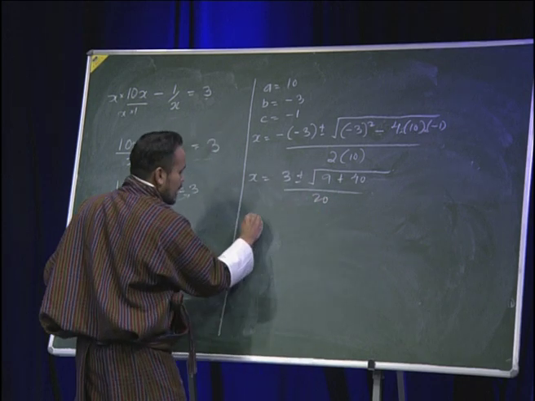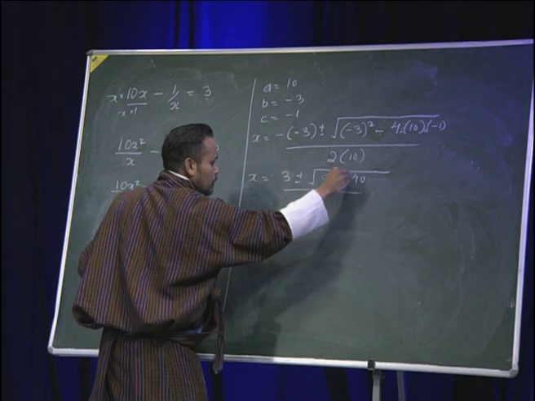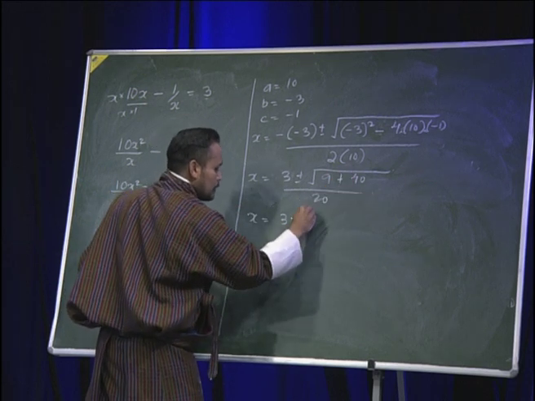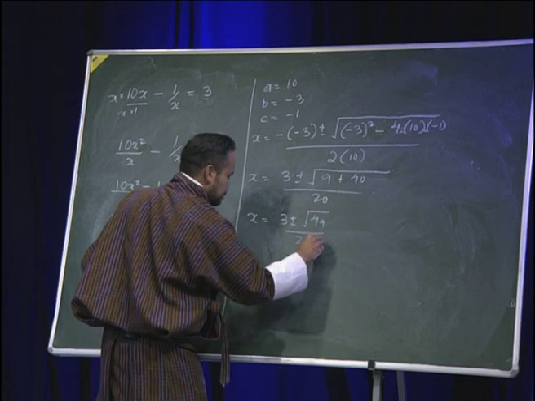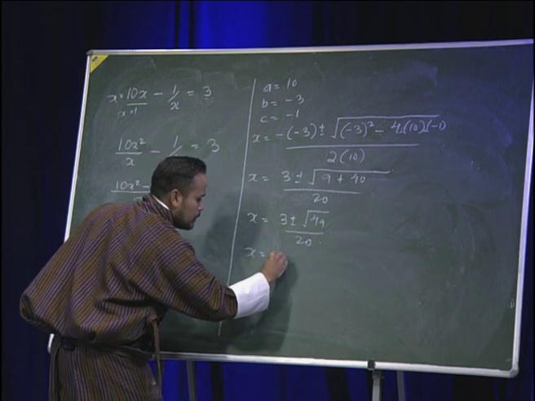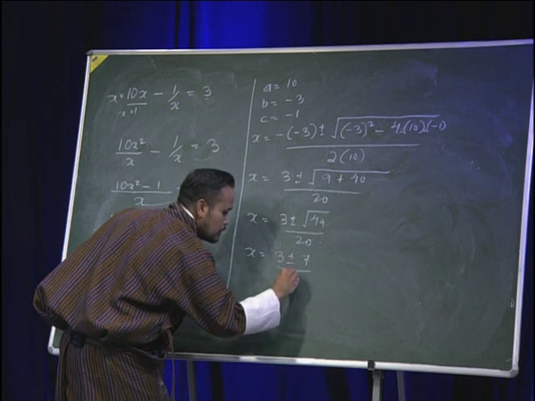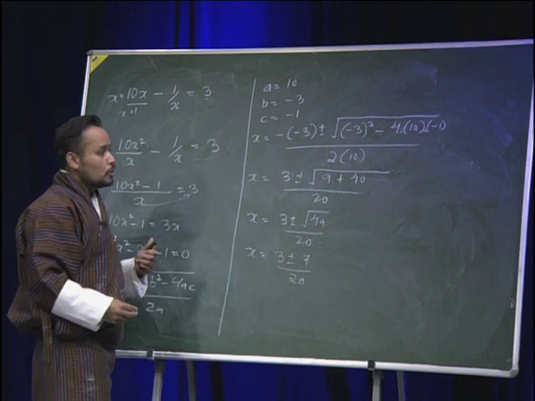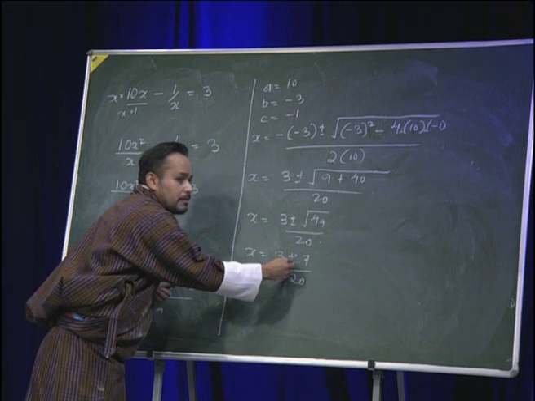So, x will be equal to 3 plus or minus root of 40 plus 9, which is root of 49, whole divided by 20. So, x will be equal to 3 plus or minus root of 49, which is 7, whole divided by 20. Now you can get two roots, the first root using the plus sign, the second root using the negative sign.